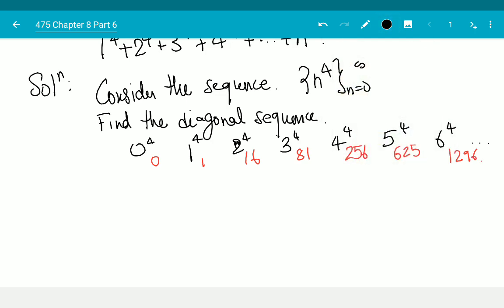Okay, let us look at the difference sequence. 1, 15, 65, 175, 369, and this is 671, if I'm not wrong.